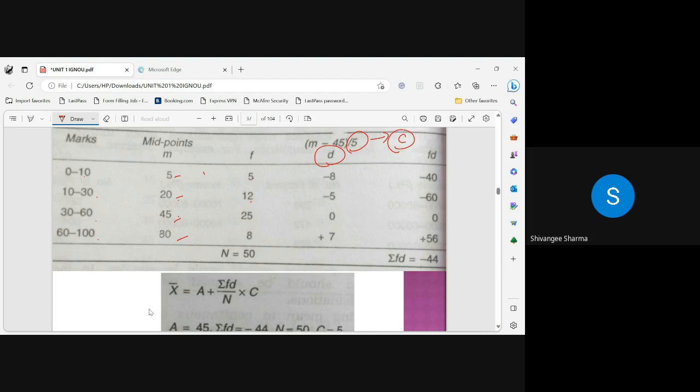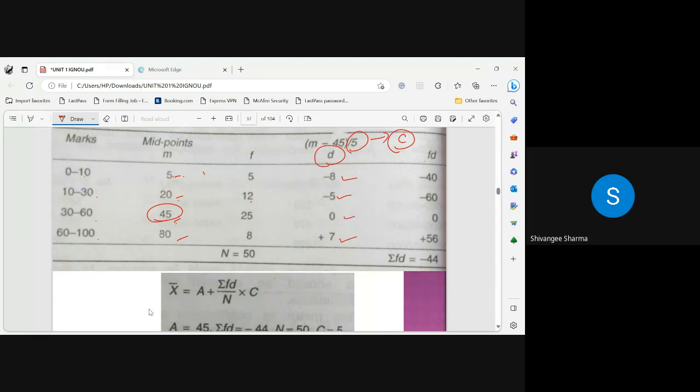The assumed mean is taken as 45. So 5 minus 45 is minus 40, and divided by 5 it is minus 8. So we have just simplified it more in this method. We now have minus 8, minus 5, 0, and 7.